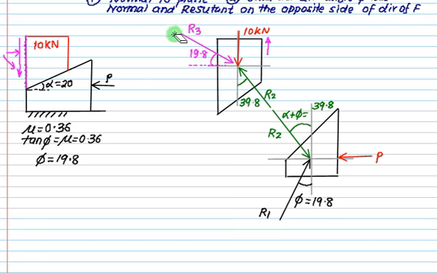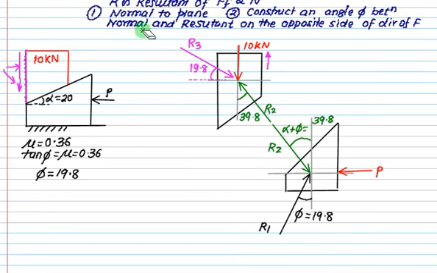I have the motion of this block. Is it upward? What is the method? Draw the normal. Draw the normal and show the phi in the same direction of motion. Is the rule like this? Draw the normal and the resultant on the opposite side of the direction of F. That is the same direction of motion.